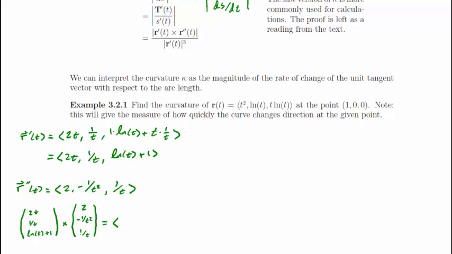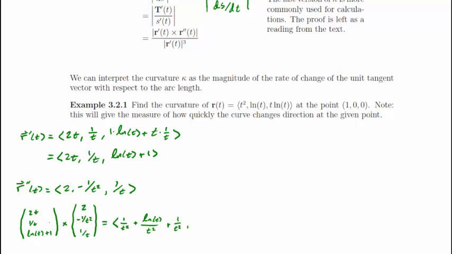So 1 over t times 1 over t is 1 over t squared, minus natural log of t plus 1 times negative 1 over t squared becomes a plus natural log of t over t squared, plus 1 over t squared. We'll be able to simplify that in just a second.